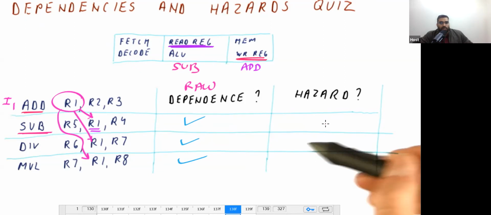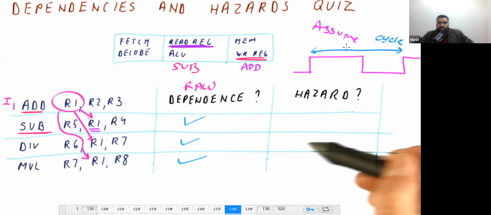Now, there are two conditions. Please understand. If you assume split phase, then what happens? If you assume this type of situation, that in a cycle, in the first half you read the register, and in the second half you write the register.